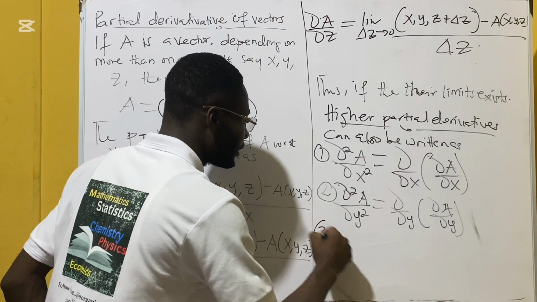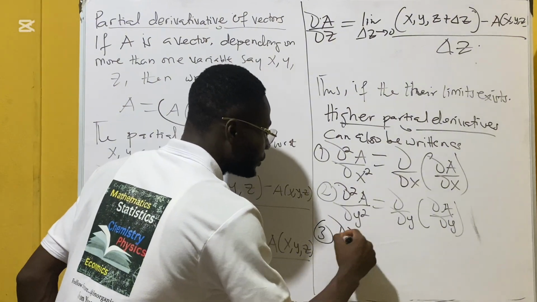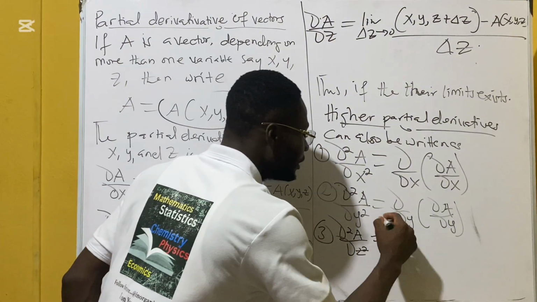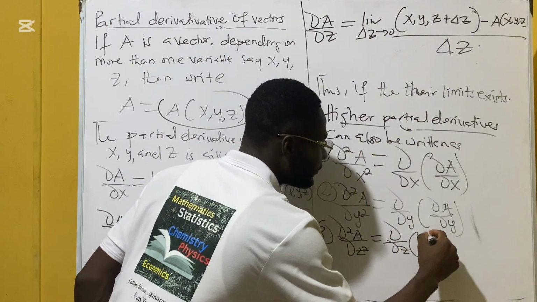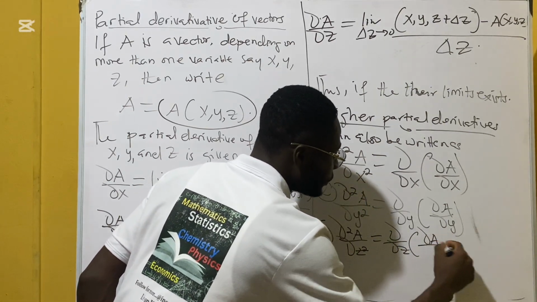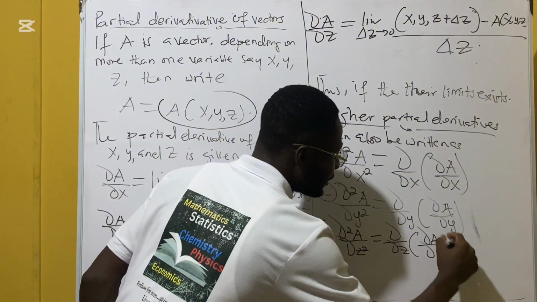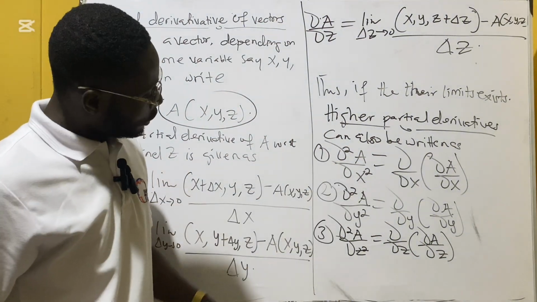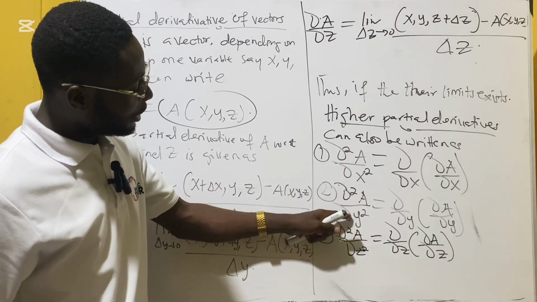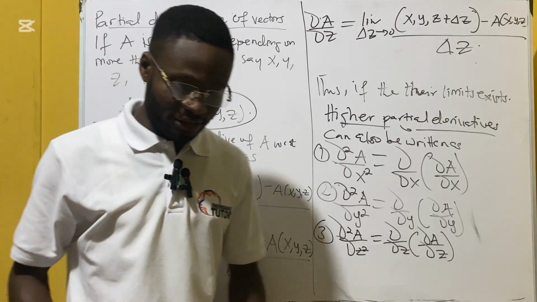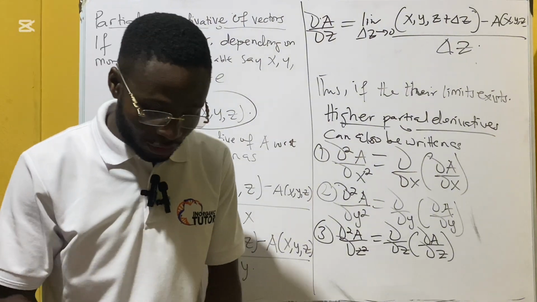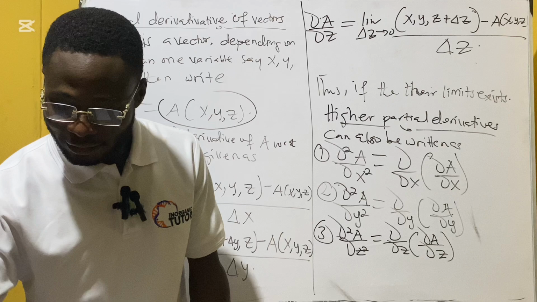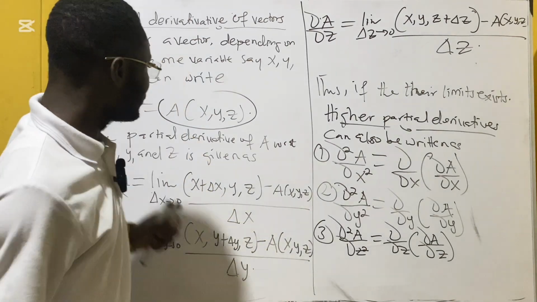Three, the squared a with respect to z squared is equal to d by dz of the derivative of a with respect to z. So now we have x, y, and z. We can also talk about the mixed derivative with respect to x and y.